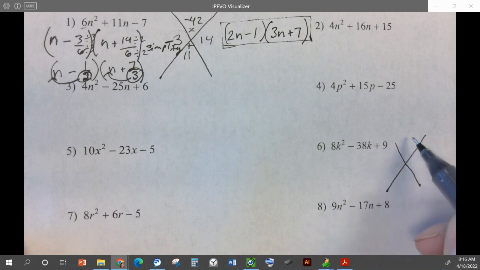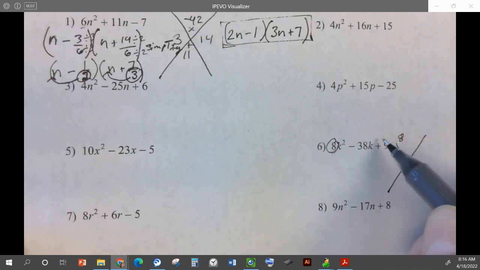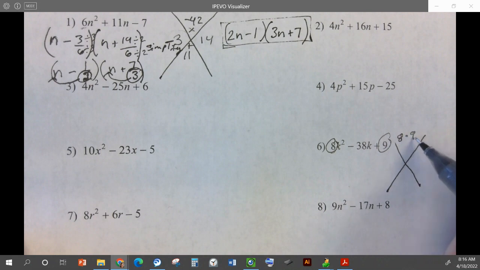So what needs to go on the top of our x, our factoring x? So we're going to do A, so 8 times C, which is 9. 8 times 9, I think 72.